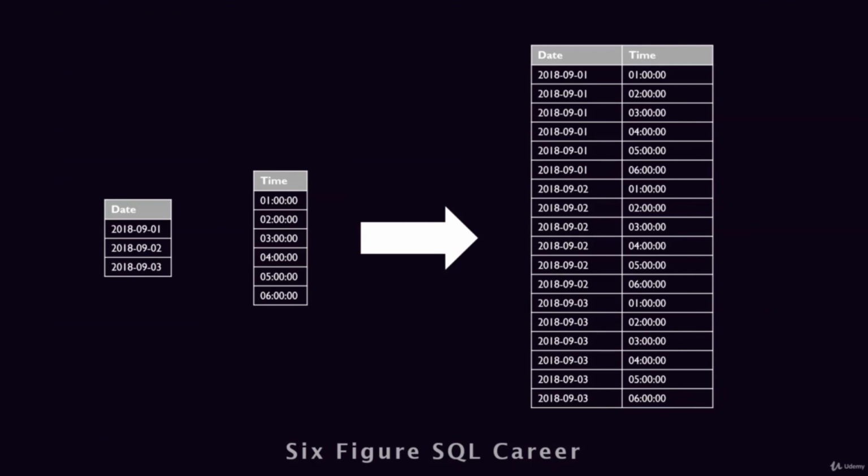So I have September 1st, 1 a.m., September 1st, 2 a.m., September 1st, 3 a.m., and so on. And then September 2nd, 1 a.m., September 2nd, 2 a.m., September 2nd, 3 a.m. And finally September 3rd, 1 a.m., 2 a.m., 3 a.m., etc. So you can see how with a cross join, your result set can grow really big.